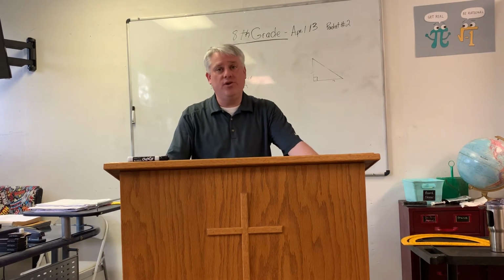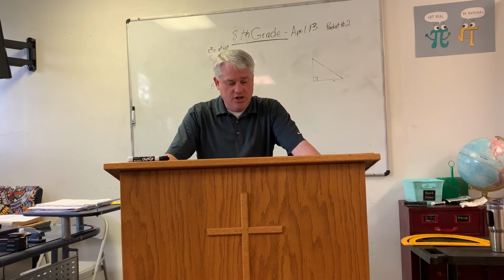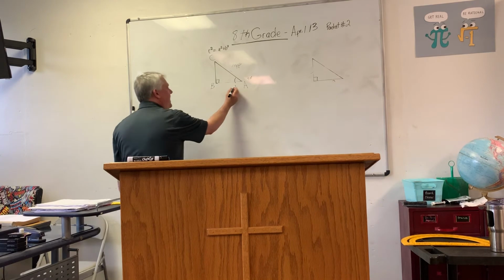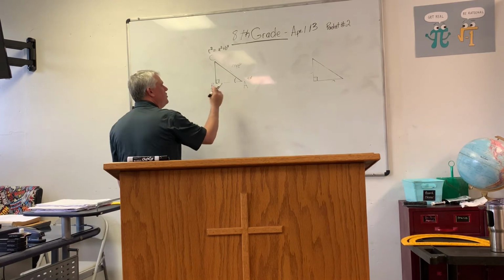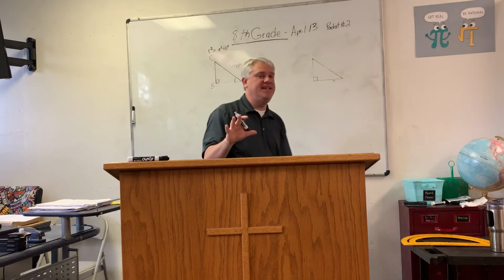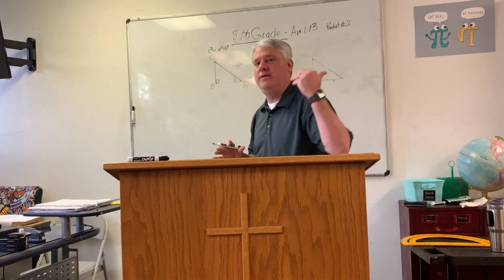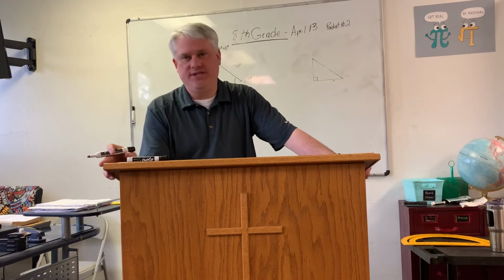But we're first going to use this ratio. All right? So notice, since we're dealing with angle A, there's going to be an opposite leg and an adjacent leg. Now, just remember, everybody knows what opposite means.